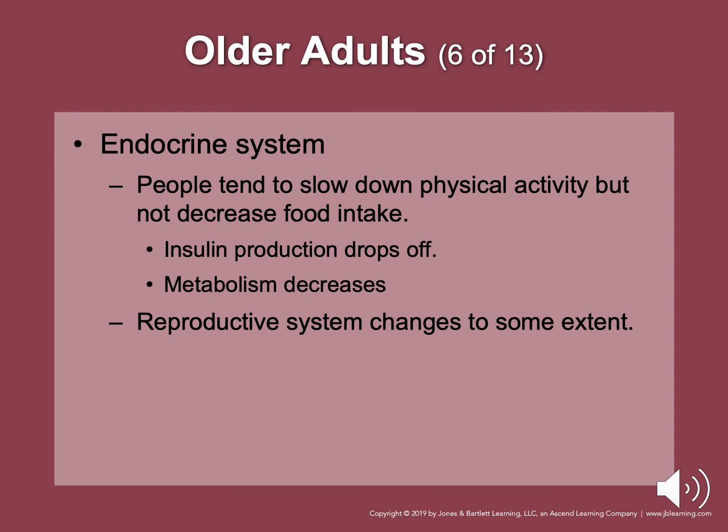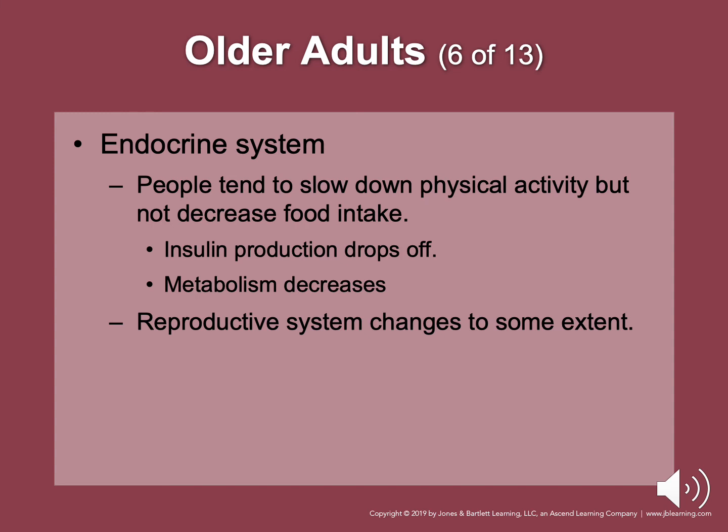Reproductive system: men are able to produce sperm long into old age, but rigidity tends to decrease over time. Women have a decreased size in the uterus. Hormone production for both sexes decreases, and sexual desire may diminish, but it does not cease.